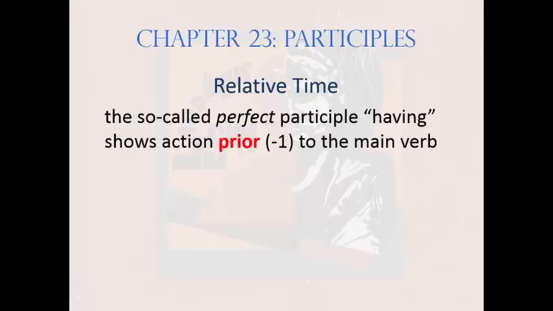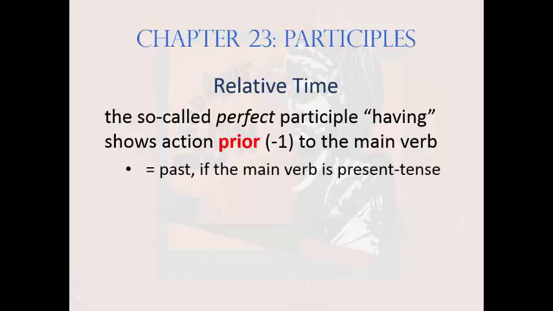The same principle holds true for the purported perfect participles. Having shows prior action, that is, action which took place prior to the time of the main verb. Its time value is -1, and as long as the main verb is present tense, then the participle represents action that took place one step back in the past.